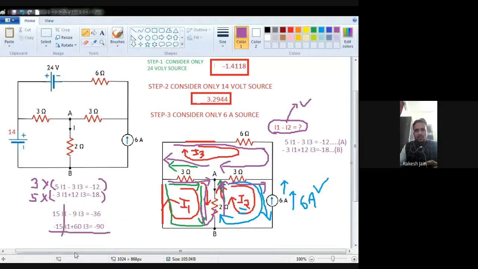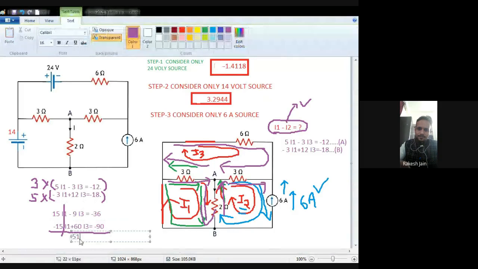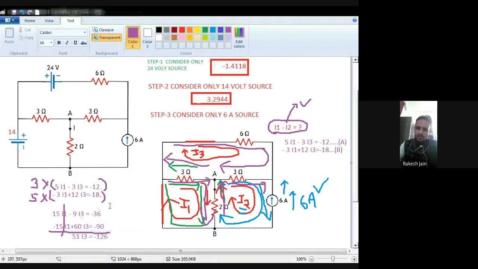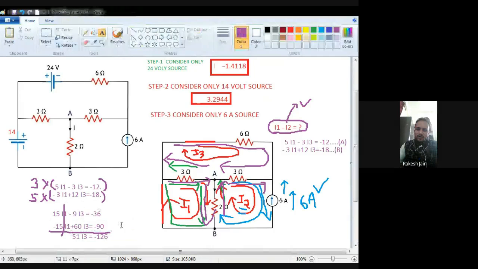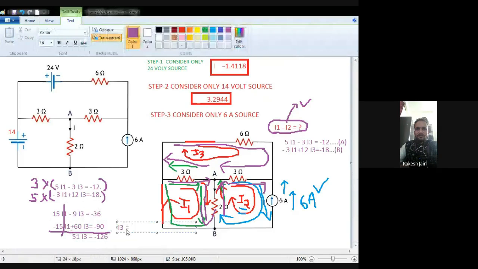What happened here? Kindly wait. Something is just plus 3 I3. I am writing it down because it removes minus 3 I1, that is equal to 0. Okay, so what is my equation number third?